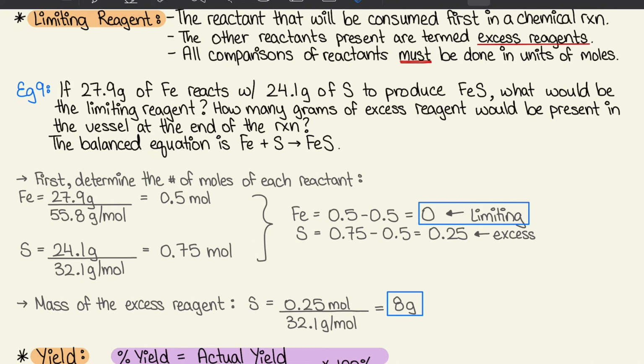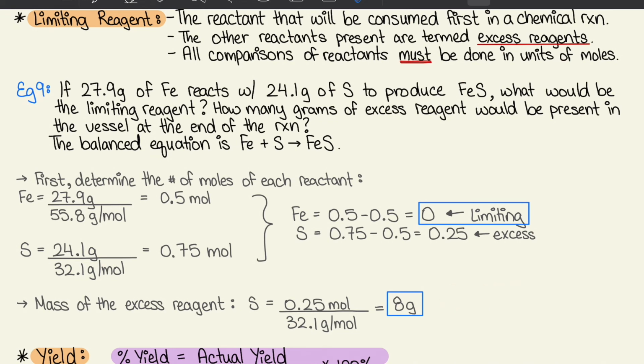And for the mass of the excess reagent, because we know that it's sulfur, we take 0.25 mole from before over 32.1 grams per mole, and we get 8 grams. All we did is rearrange the moles equals mass over molar mass equation and solve for mass.